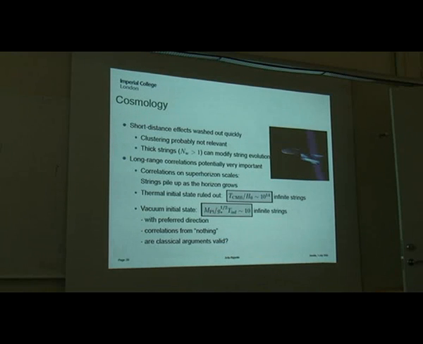Therefore it's not clear, and it's not known, if that kind of network will scale in the same way as a network of single winding strings, which is known to scale. And so the predictions could actually change, and this is something that needs to be studied.